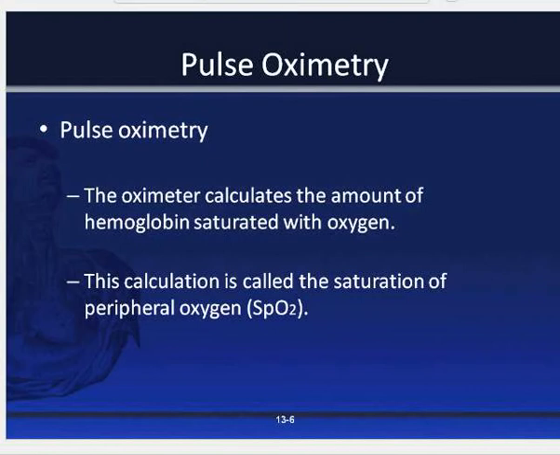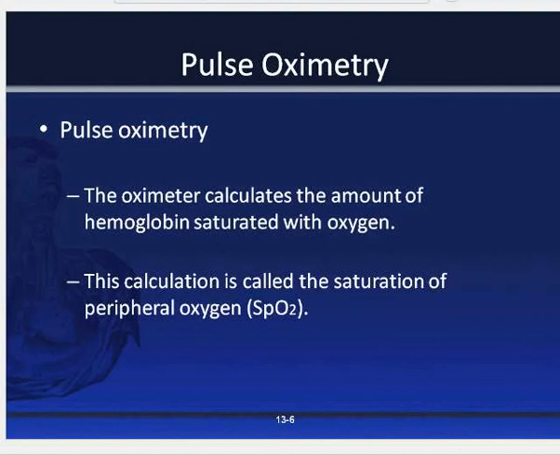As we talked about in previous sections, pulse oximetry is a method of measuring the amount of oxygen saturated in the blood. Pulse oximetry is commonly referred to as pulse ox. An oximeter is a small machine used to obtain this measurement. A small sensor is placed in an area of the patient's body in which pulsation can be detected, such as a fingertip, earlobe, or forehead. The sensor is connected to the oximeter, which is a small computer. The sensor passes red and infrared light waves through the tissue to which it is attached.